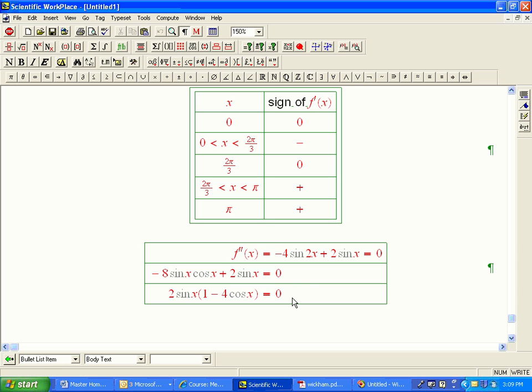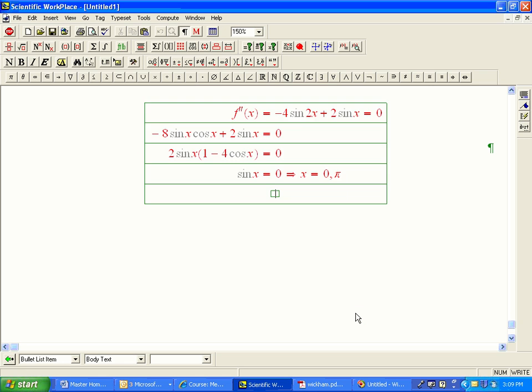Okay, so either sine x equals 0, which gives you, on this interval of interest, x equals 0 or pi again. So both of those crossings of the axis are going to be inflection points. That's interesting. Or cosine x equals 1/4. Now that is not a nice value of cosine, and so that's something where we would actually need a calculator value.